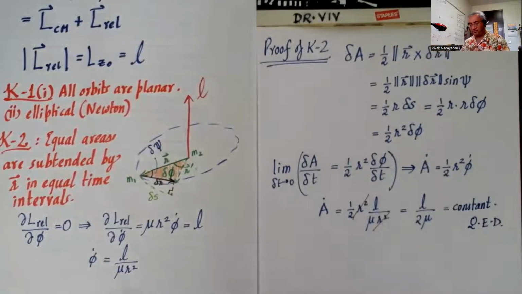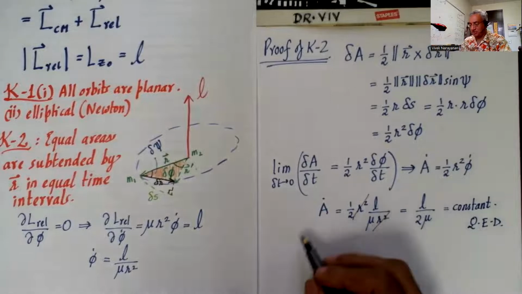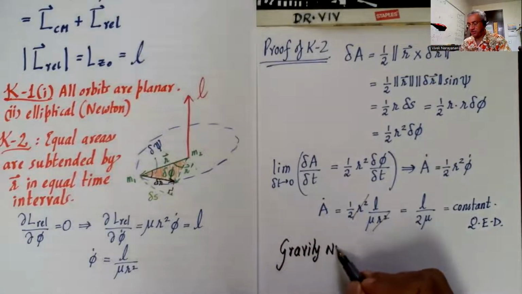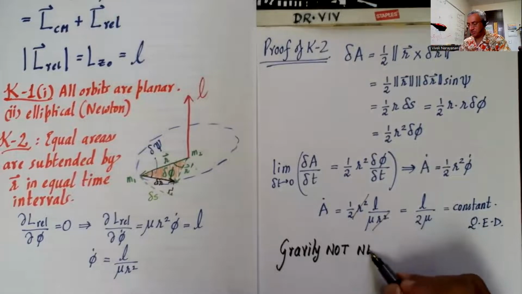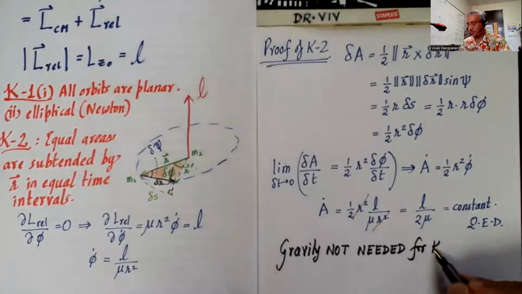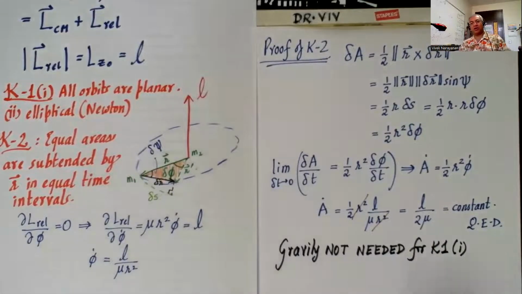So the important takeaway from this is that we do not need gravity. Gravity not needed for the first part of Kepler's first law, which states that all planets move around stars in one plane, known as the plane of the ecliptic in our solar system.